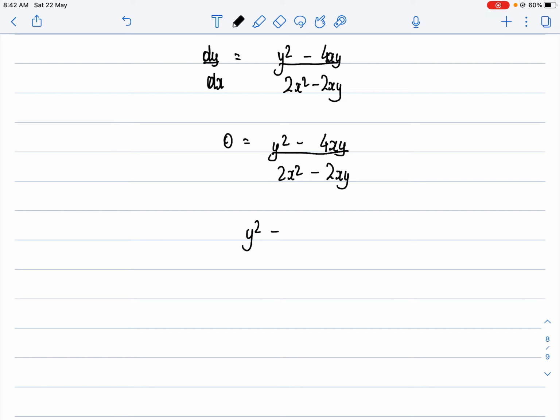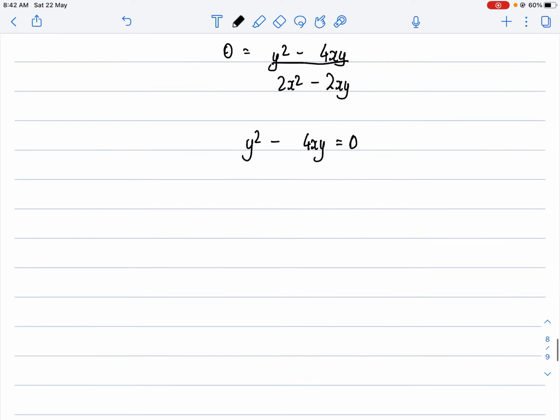So I get y square minus 4xy equals to 0. Now I can take y common to get y times y minus 4x equals to 0. So I have y equals to 0 and y minus 4x equals to 0, which gives me y as 4x.